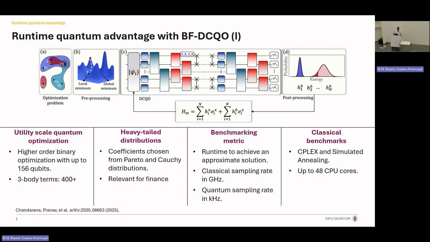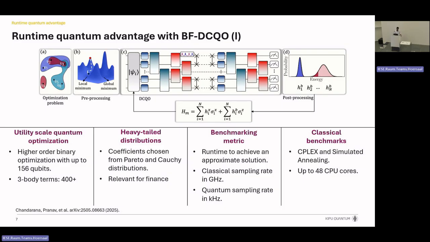This is what we call the number of swap layers. As you increase the number of swap layers, you will end up with a fully connected graph, in this case a fully connected hypergraph. But it's too much for the current hardware given the coherence time, so we reduce it to only 2 or 3 swap layers. And this is how the Hamiltonian terms are constructed.